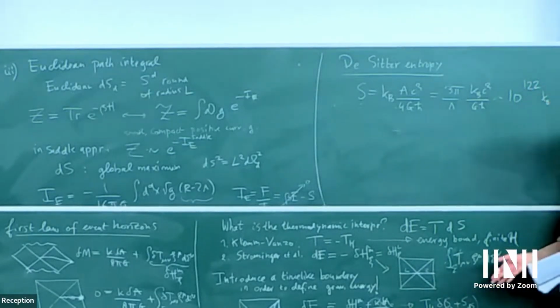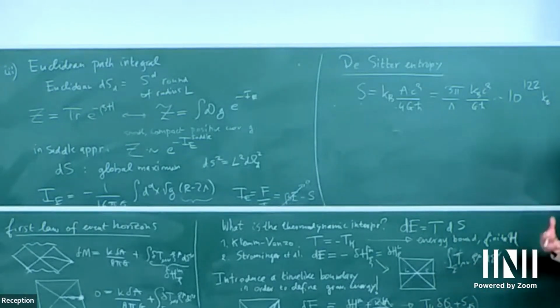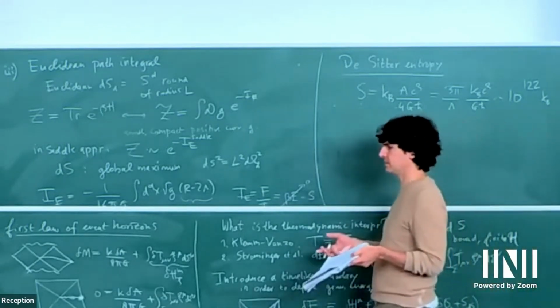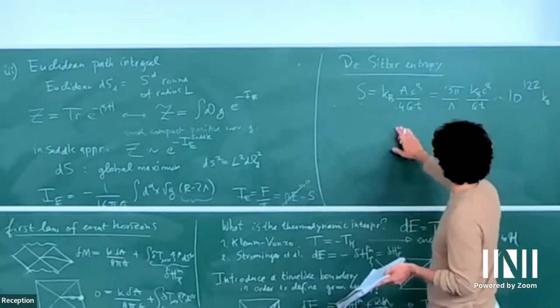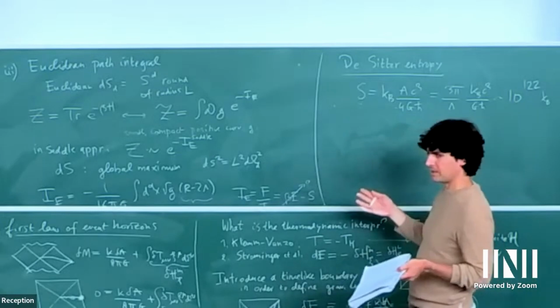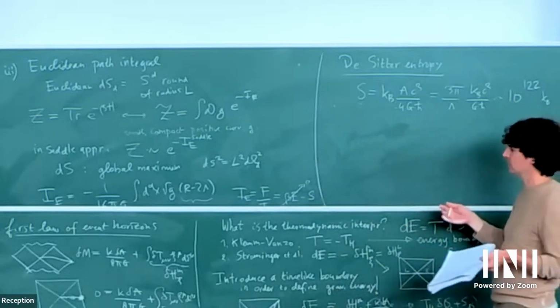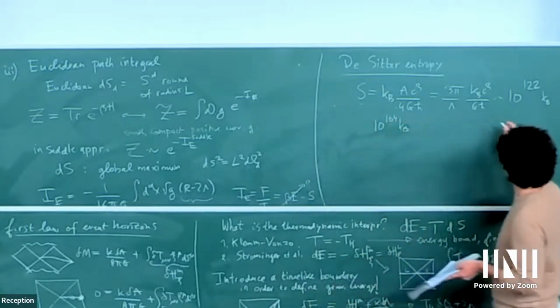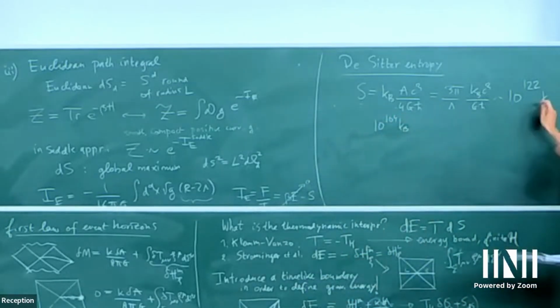And so this is bigger than the entropy of all matter and radiation in the universe. If you add up all the matter and radiation in the universe, then from what I've read, this is dominated by the mass of supermassive black holes, and you get 10 to the 104. So this is much bigger.